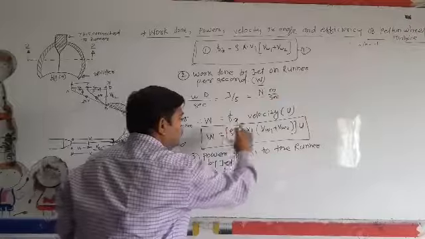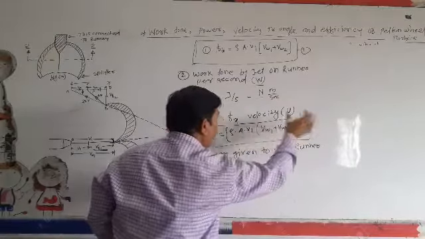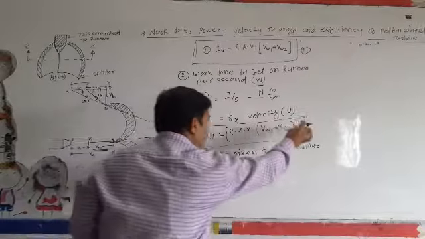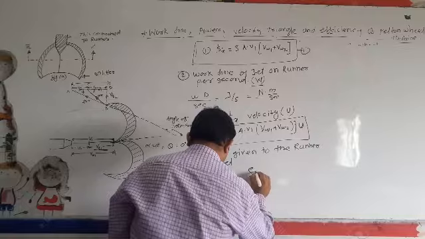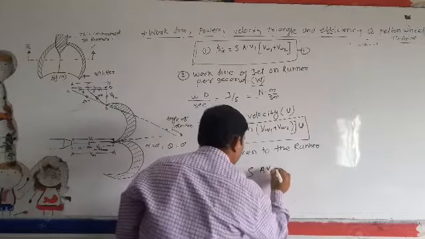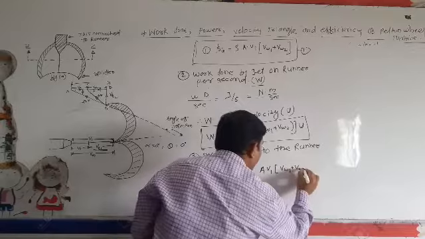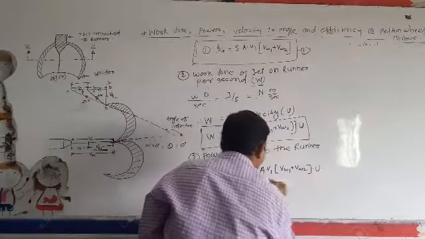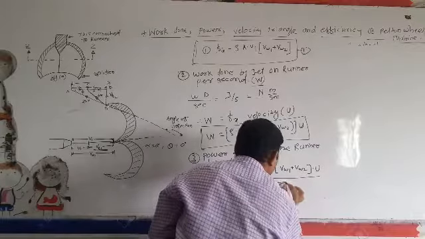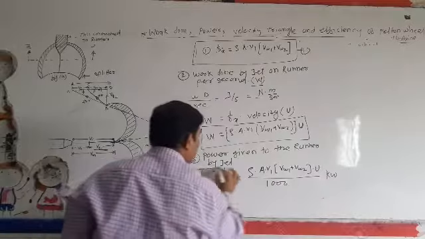The work done is rho a v1 (Vw1 plus Vw2) into velocity of vanes or bucket u, divided by 1000, in kilowatt. This is the power.